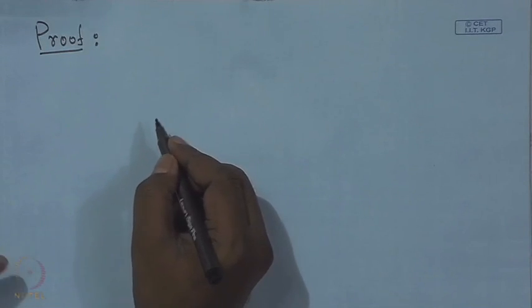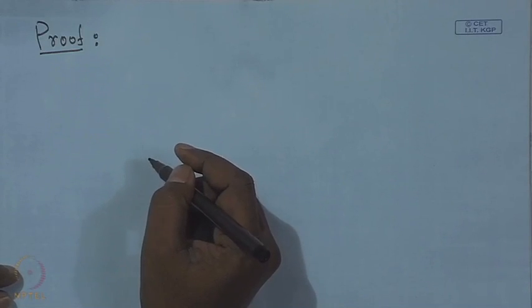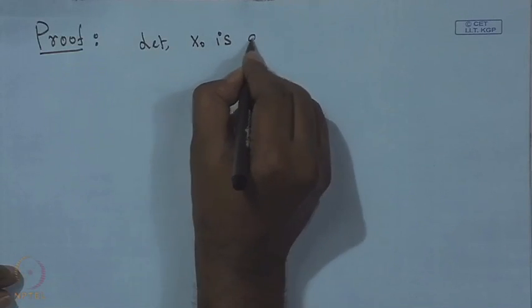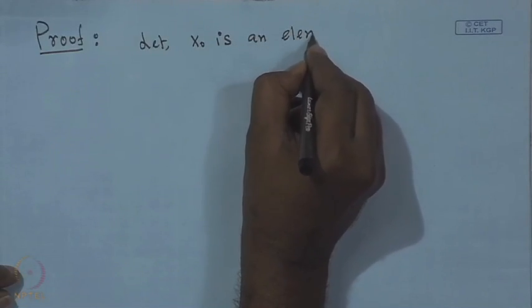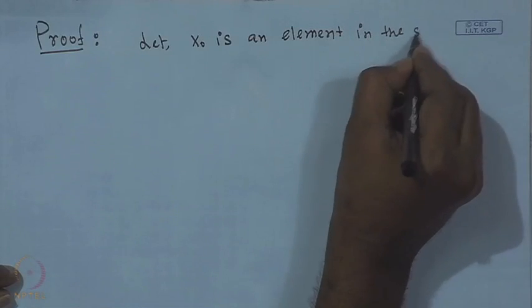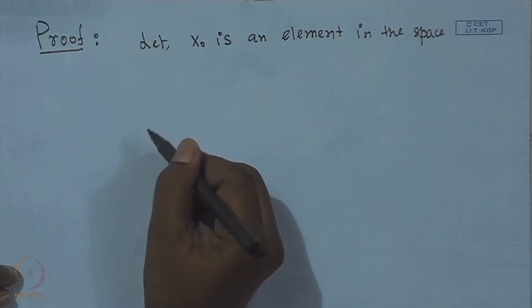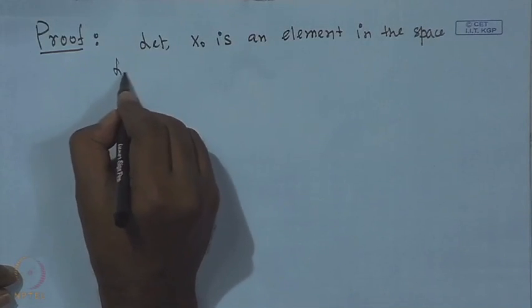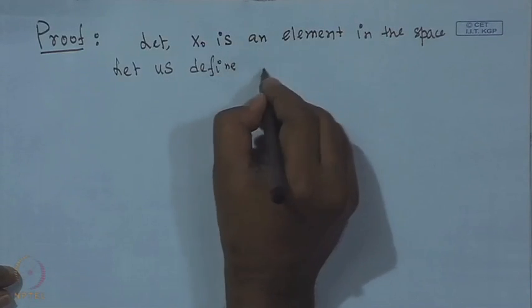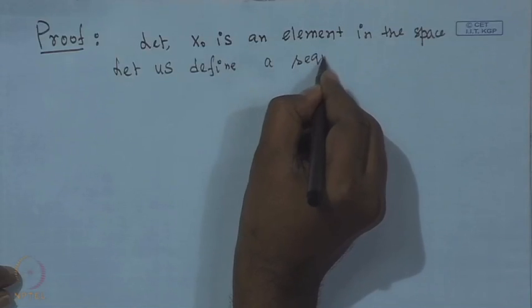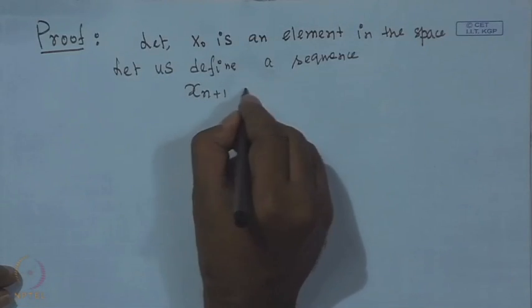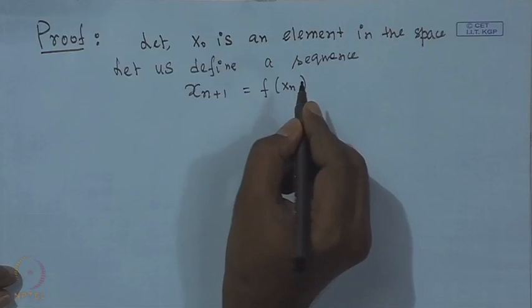The proof goes like this: let x naught be an element in the space, and we define a sequence such that x n plus 1 is equal to f of x n.